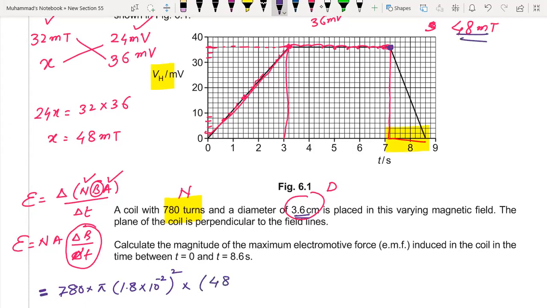The change is 48, over the time interval, and you can easily read that. So putting those values will give you induced EMF. So t from here is 1.4 seconds. If you calculate t or read from the graph, it is 1.4. So the answer is 0.027 volt.